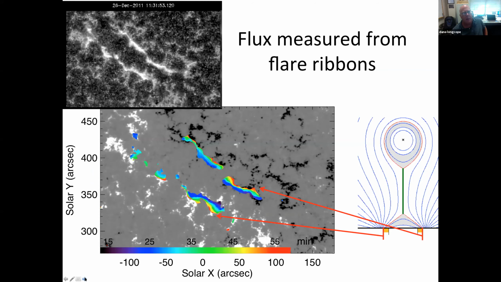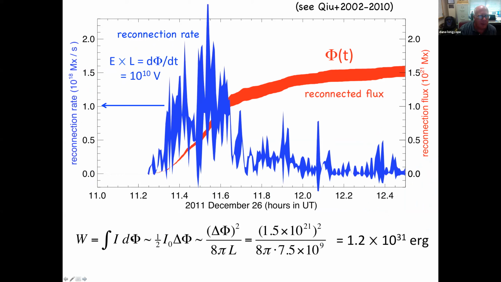Well, we also need to know the current, and for that, again, I go back to undergraduate physics. If I have an inductor of length 7.5 times 10 to the 9 centimeters, then the current is related to the flux, basically by flux over length. The great thing about CGS is I don't have any mu naughts, it's just length. That is the inductance. So I can calculate the amount of flux that was reconnected.